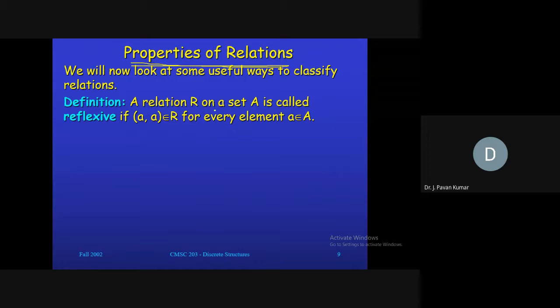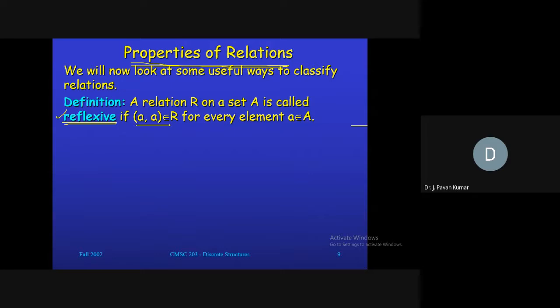A relation R on a set A is called reflexive if (a, a) belongs to R for every element a belonging to A. That is, if you consider A as {1, 2, 3, 4}, then what are the tuples that we should have in relation R to consider it reflexive?